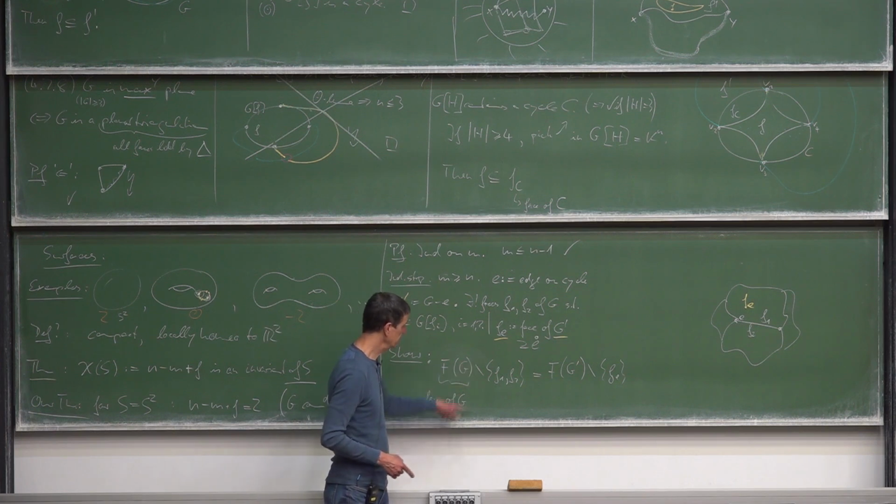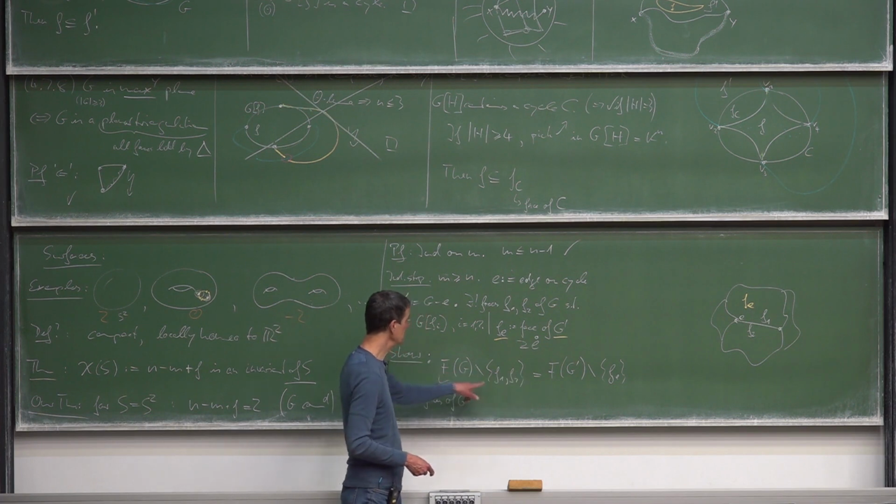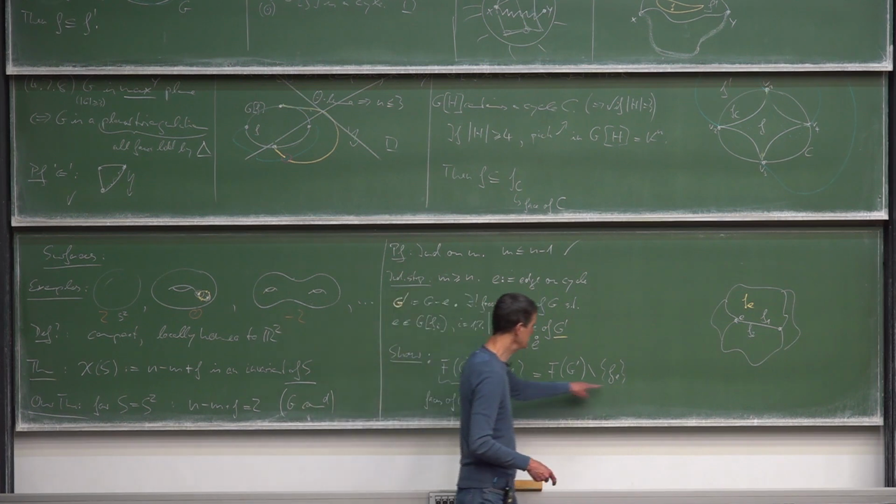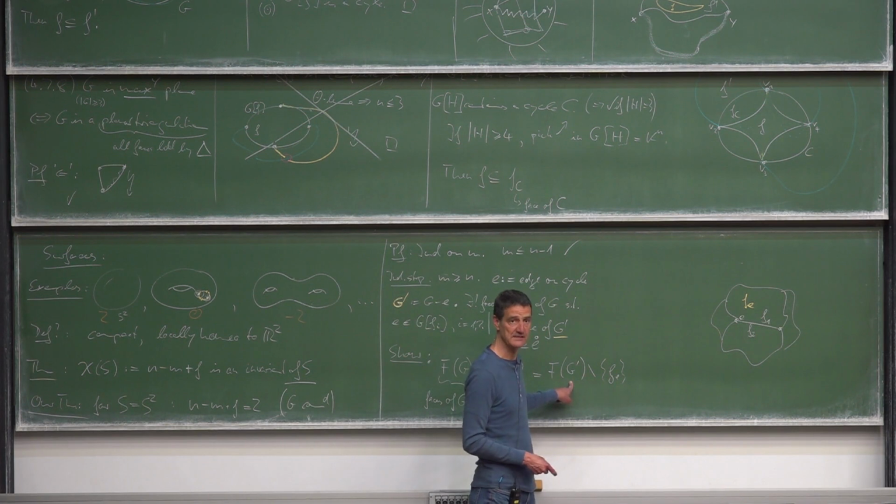So the number of faces in this set is 2 less than G has faces, because we're taking 2 away. The number of faces here is 1 less than G has faces.